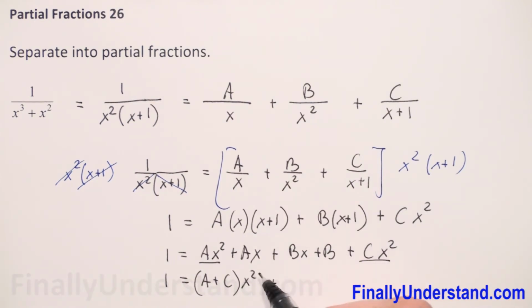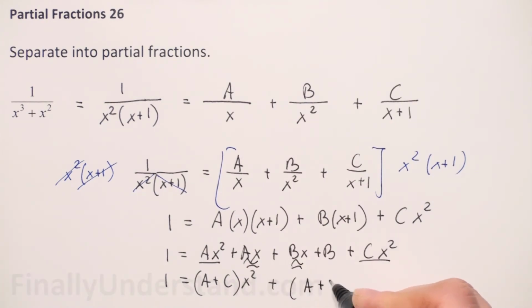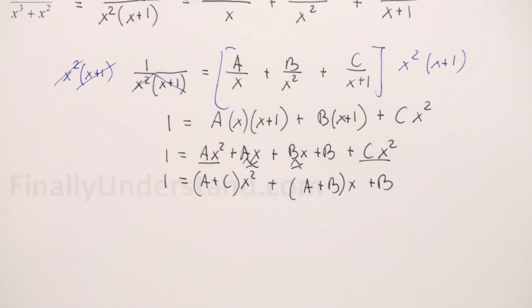Next we have ax and bx. So we have a plus b times x, and at the end we have constant b. The left side must be equal to the right side. What it means, we have to compare the coefficients.